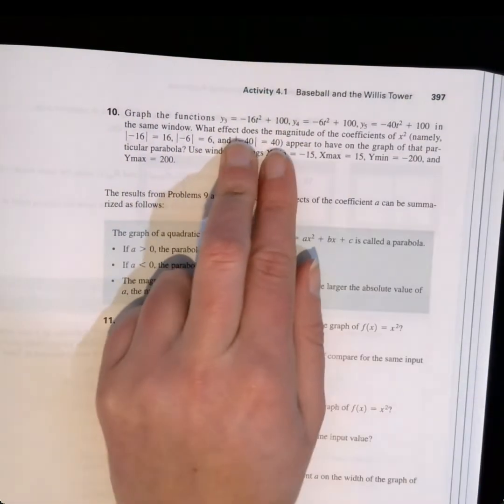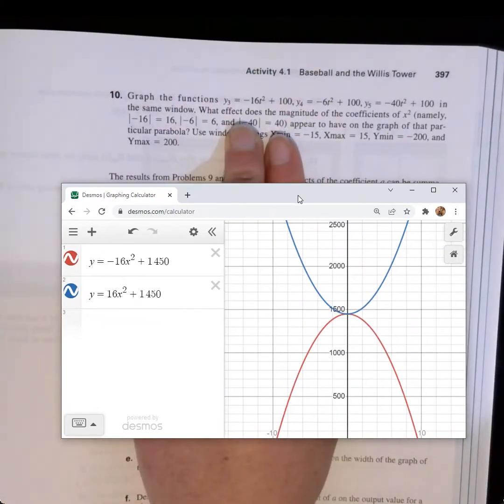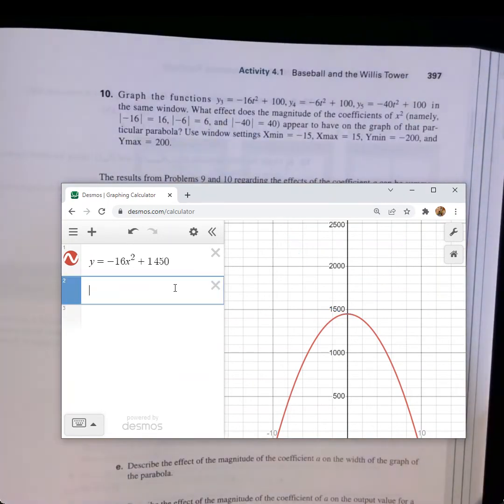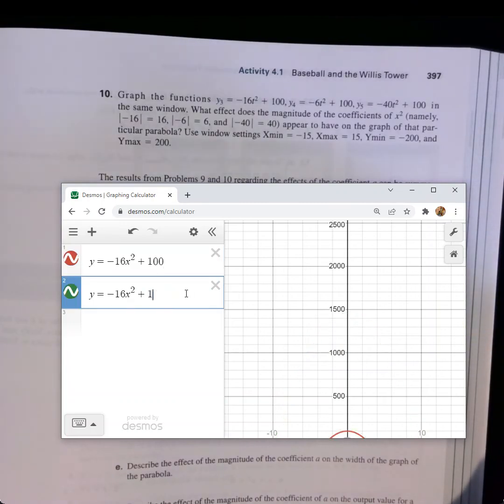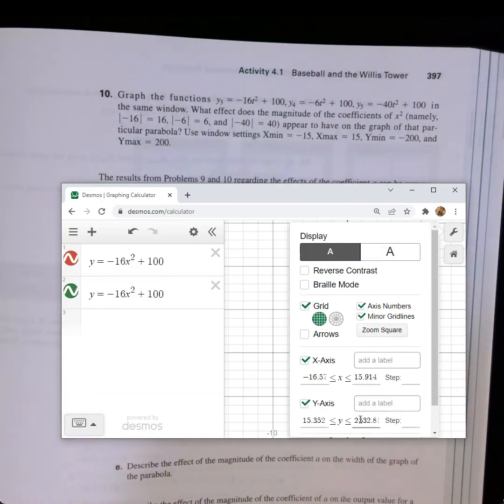Okay, so some more modifications to our graphs. Let's take away the bottom one. Okay, and I want negative 16 t squared plus, oh, we're changing it to just 100, so I better shrink my scale down here. I don't need to be all the way up to 2000 anymore.